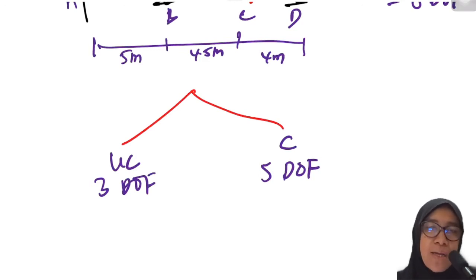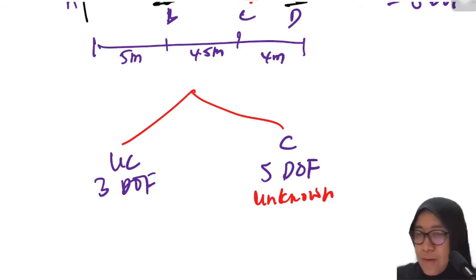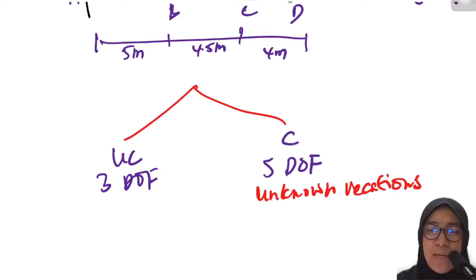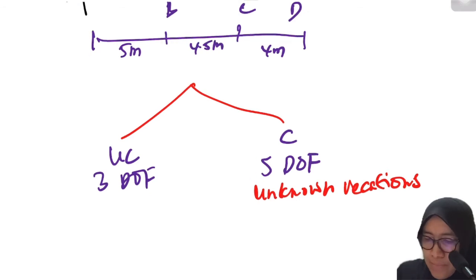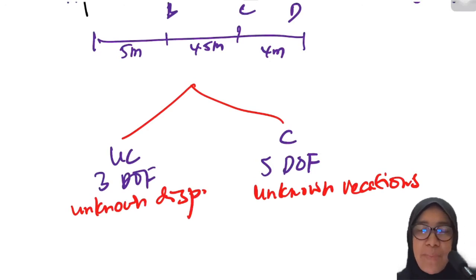The 5 in the constrained system represent the unknown reactions, and the 3 degrees of freedom represent the unknown displacements. Using the stiffness method, we determine the displacements first, and using the displacements we can then calculate the reactions at the supports in the constrained system.